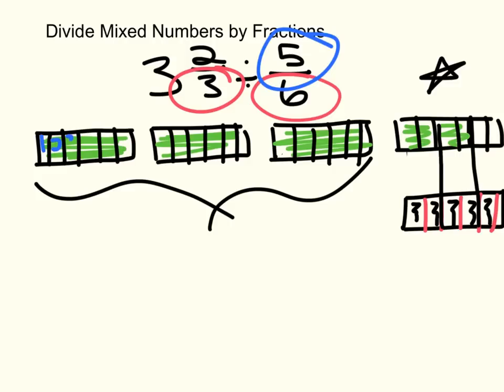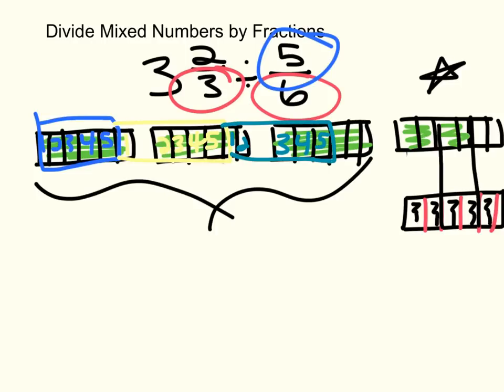1, 2, 3, 4, 5. There's one group of 5. 1, 2, 3, 4, 5. There's my second group of 5. 1, 2, 3, 4, 5.